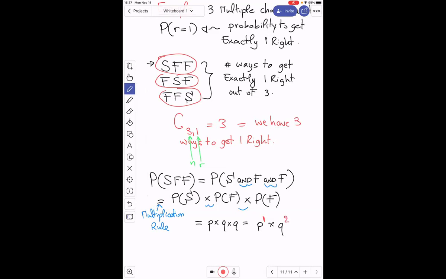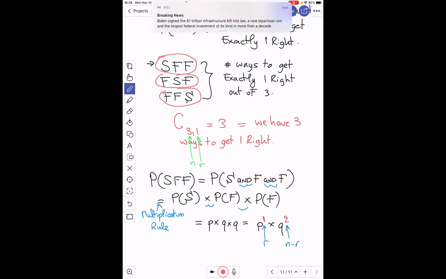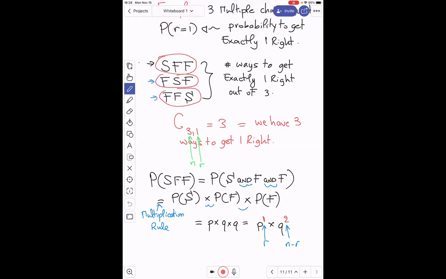So 1 is my R, and 2 is N minus R, because N is 3, we have 3 different questions. So that's the first outcome: the probability of the first outcome is P Q squared. You can do the same thing for the probability of the second outcome.